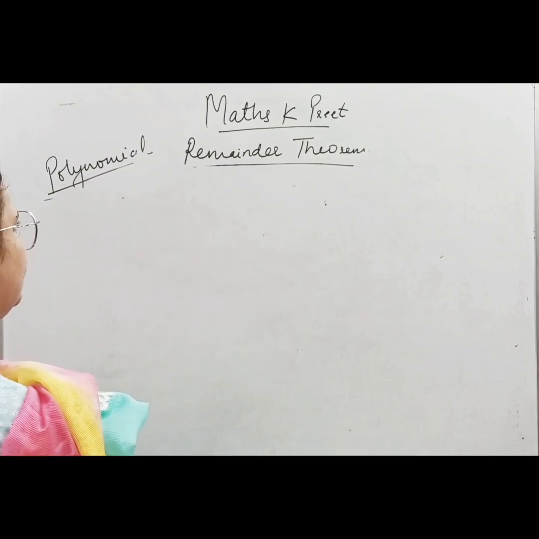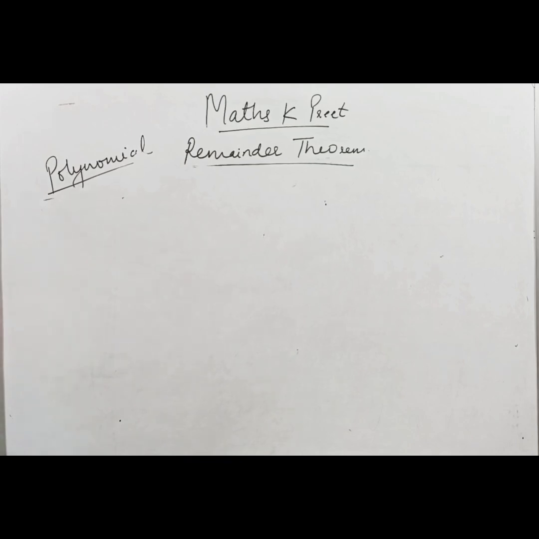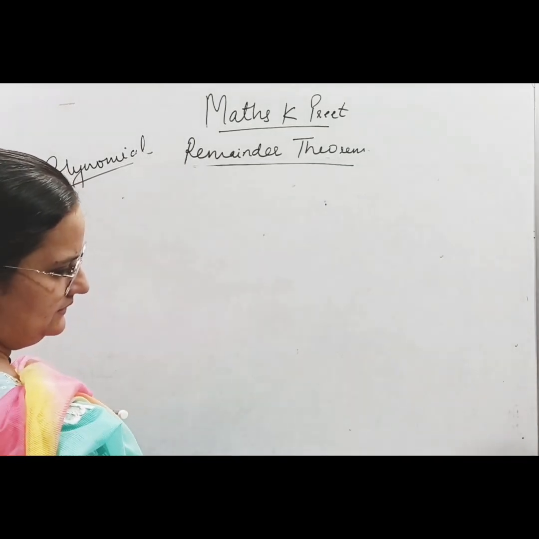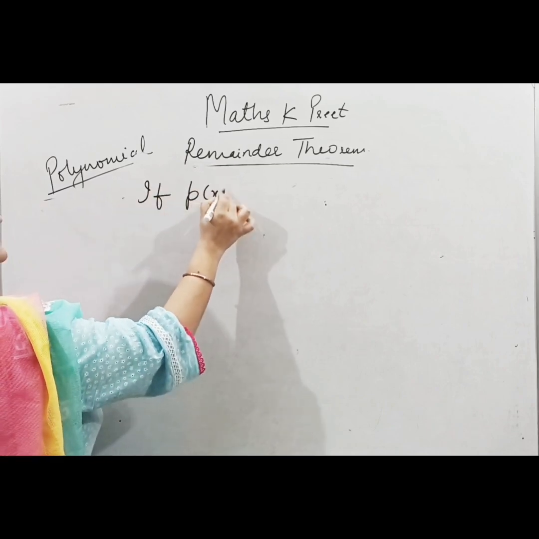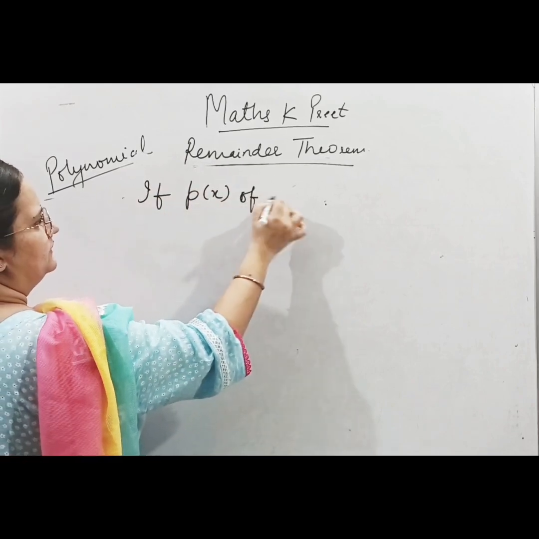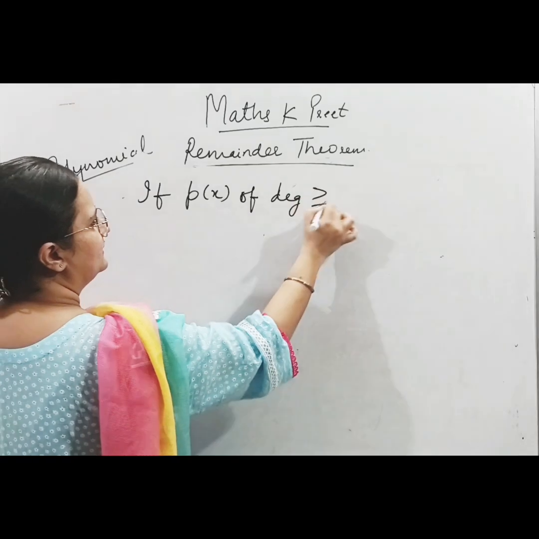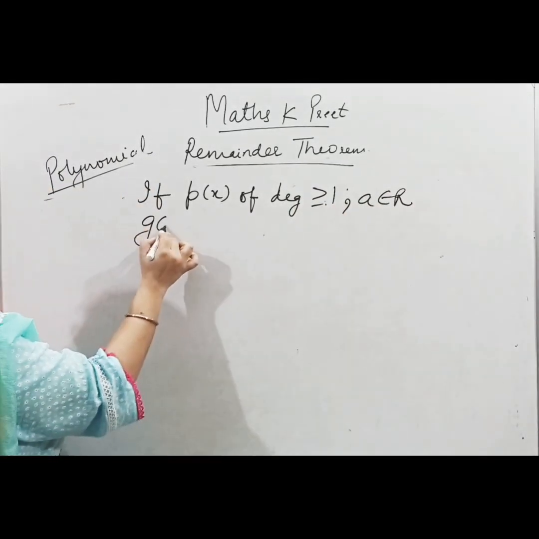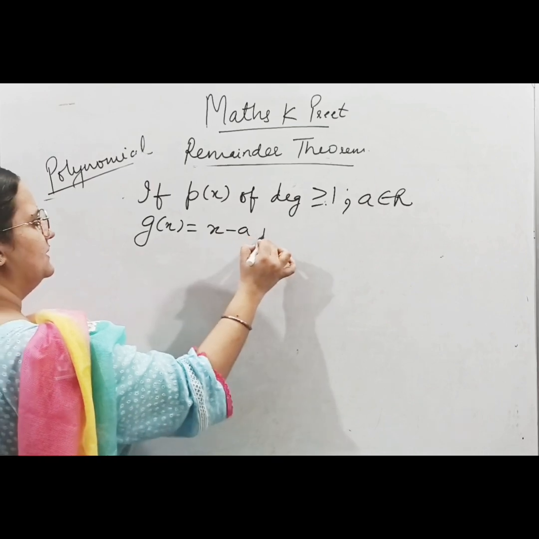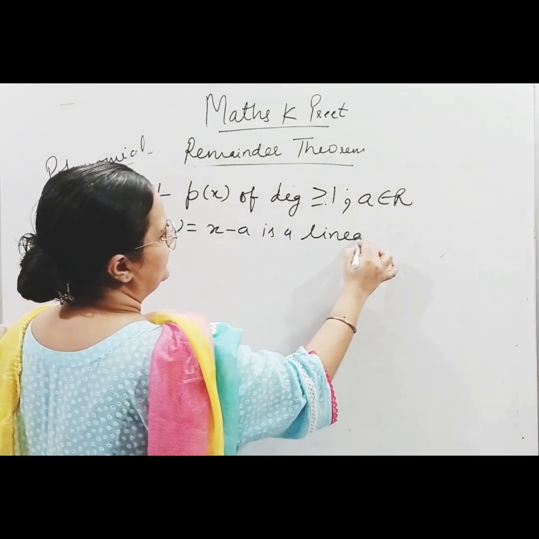So what does the factor theorem say? It says if p of x is a polynomial of degree greater than or equal to 1, a is a real number, and g of x equals x minus a is a linear polynomial.